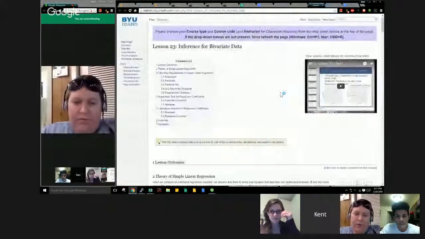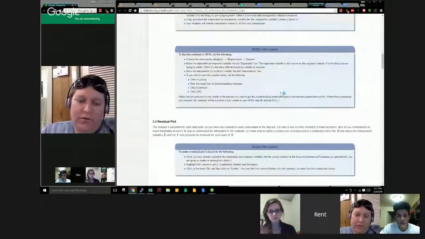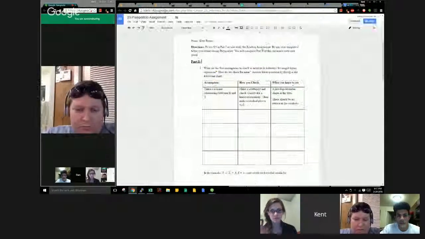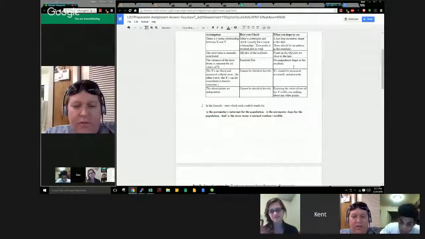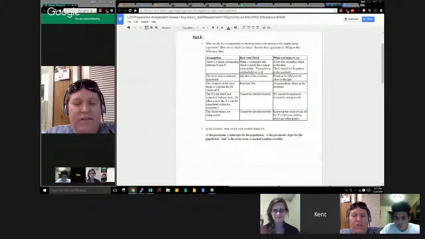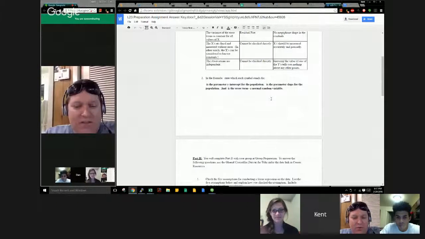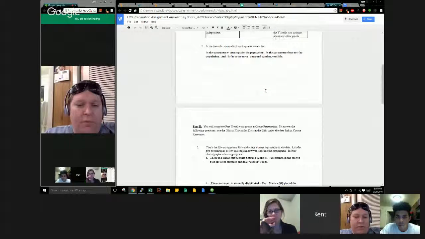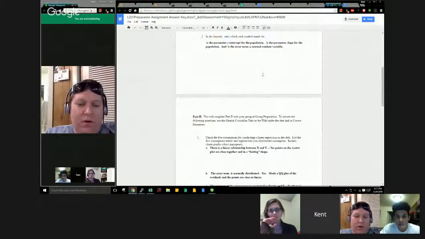Sure. In the formula, y equals beta 0 plus beta 1 x plus e, state which each symbol stands for. It's not worded very well, but beta 0 is the y-intercept, beta 1 is the slope, and e is the error term.